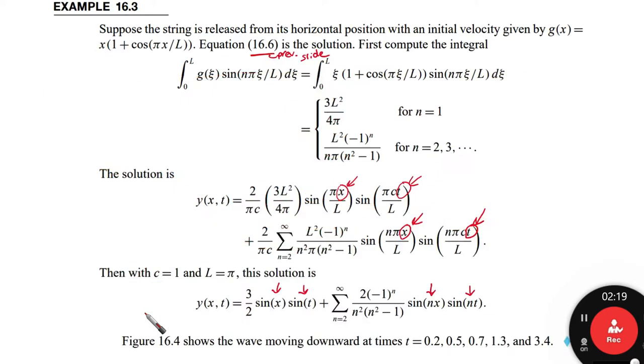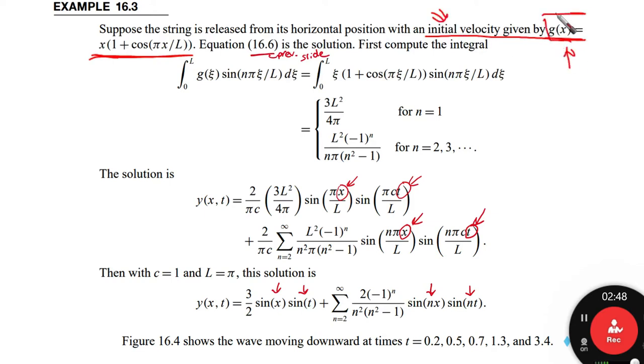Now, suppose the string is released from its horizontal position with an initial velocity given by g(x) equal to this value. This is actually the same as what we have already explained before. Our case is going to be for a function that has initial velocity given by this function.